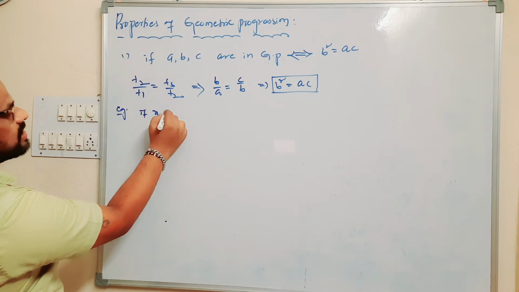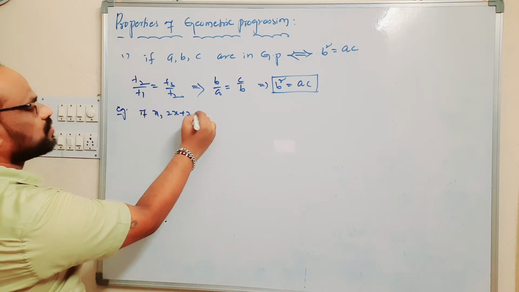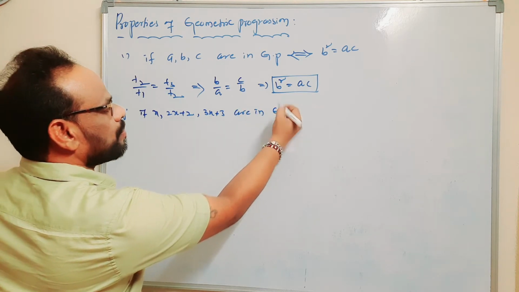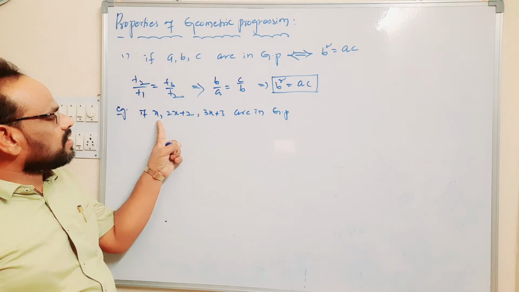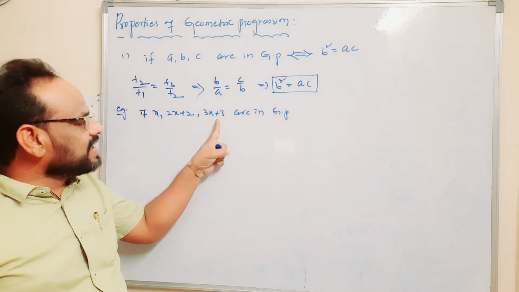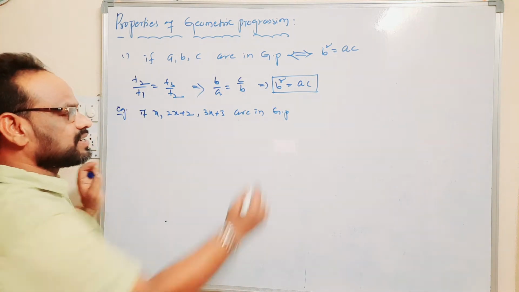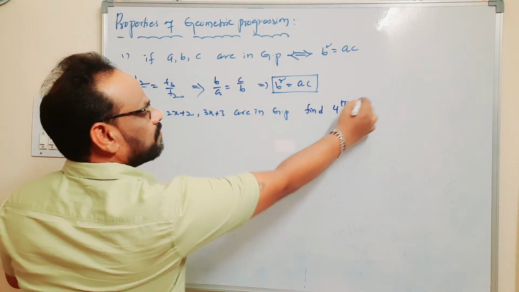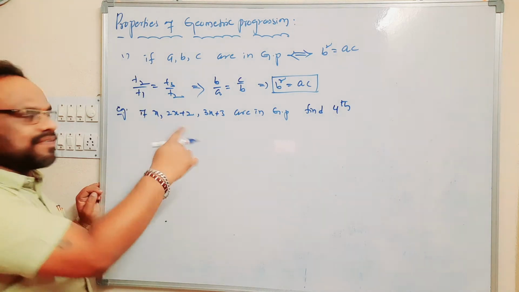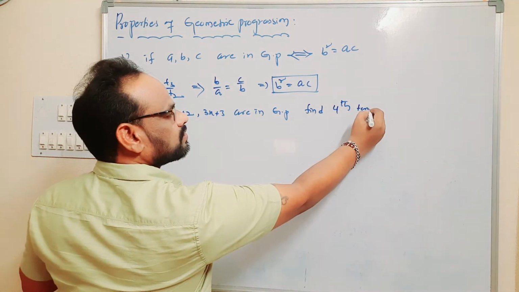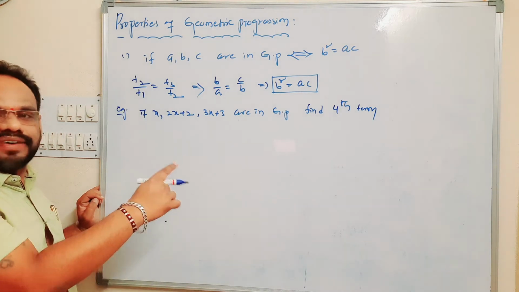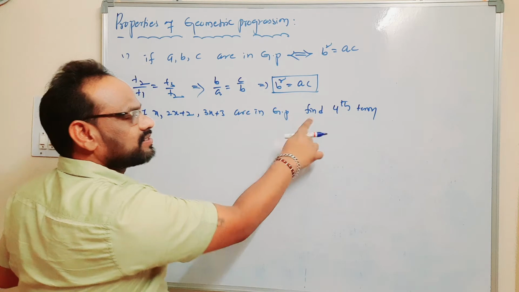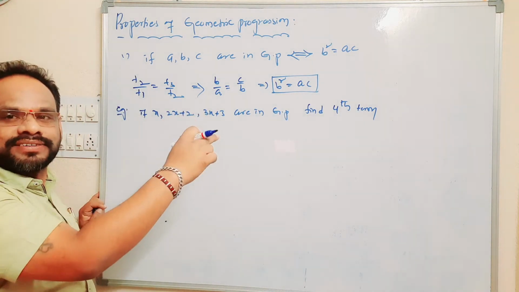If x, 2x plus 2, 3x plus 3 are in geometric progression, find the fourth term of the given sequence.